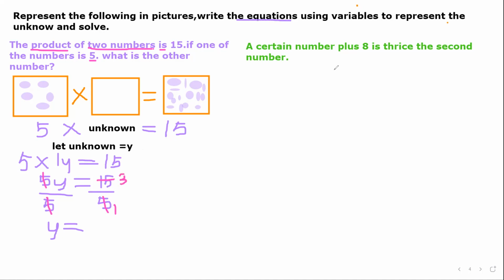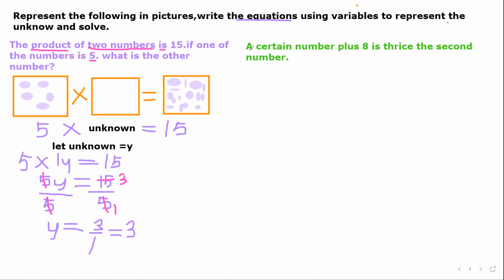Which means that y is 3 over 1. And the final answer is what? 3. So when you do the substitution, the two numbers, when you multiply, you get 15. The product of the two numbers 5 and 3 is 15, because 5 times 3 will give you 15. Okay, good.